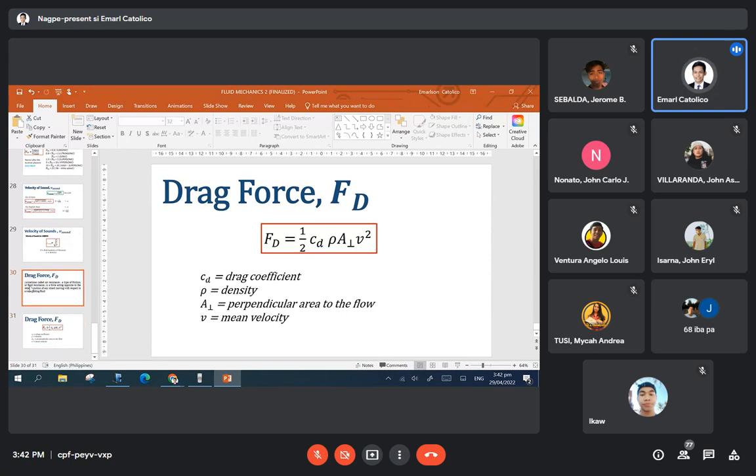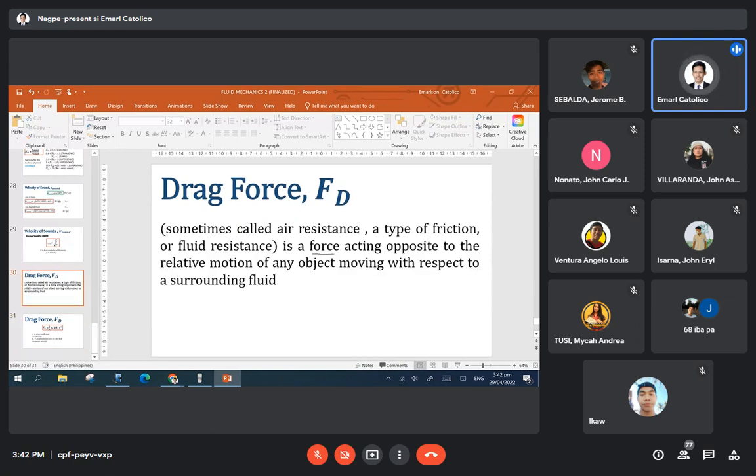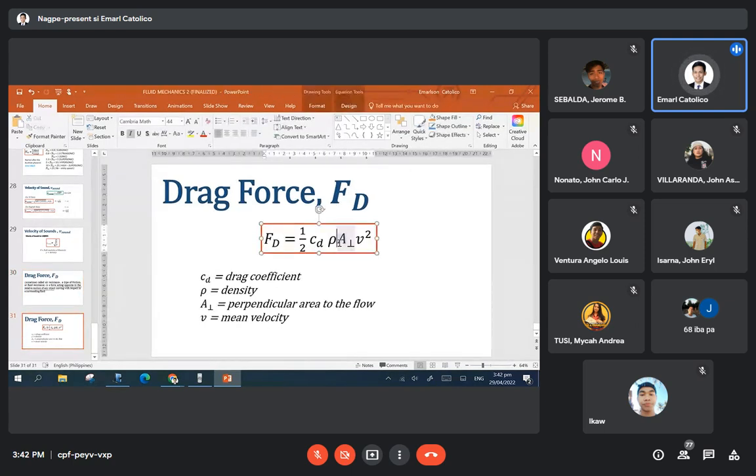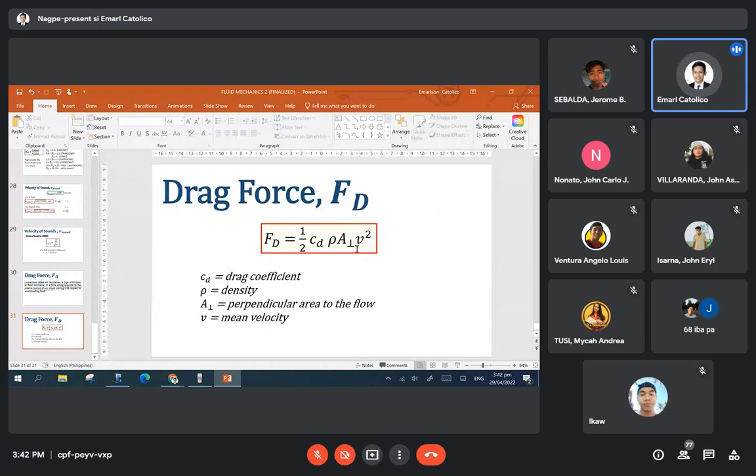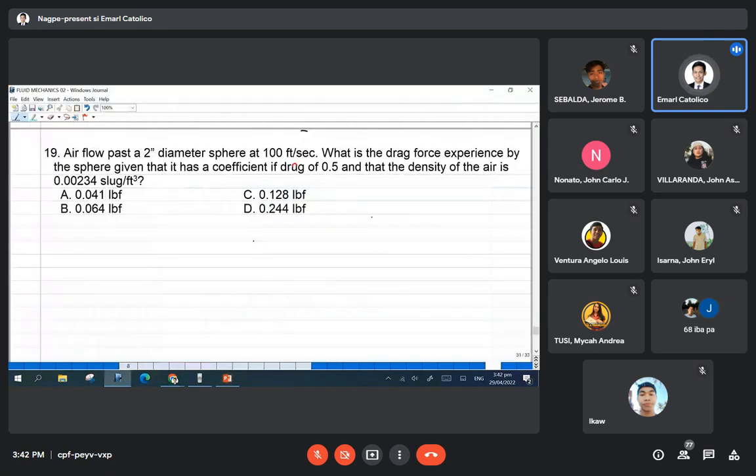Bakit perpendicular? Kasi nga, ito yung force acting opposite the relative motion of any object moving. Okay? Kaya, dapat yung i-consider mo dito is yung area perpendicular doon sa flow ng fluid times mean velocity squared. Okay, so try natin sa number 19.